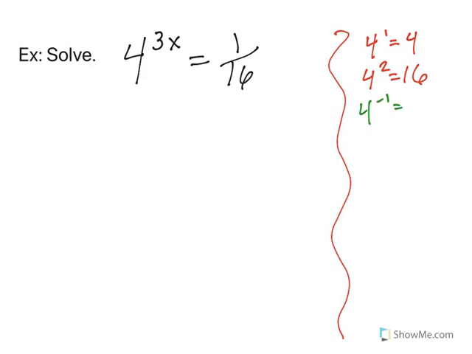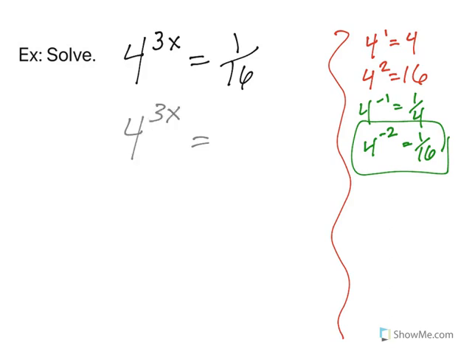So 4 to the negative first is 1/4, and 4 to the negative second is 1/16. Therefore, I can rewrite the right side of my equation, right? I've got 4 to the 3x equals 1/16. So I can leave 4 to the 3x as is, keep the base of 4, and I can rewrite 1/16 as 4 to the negative second.